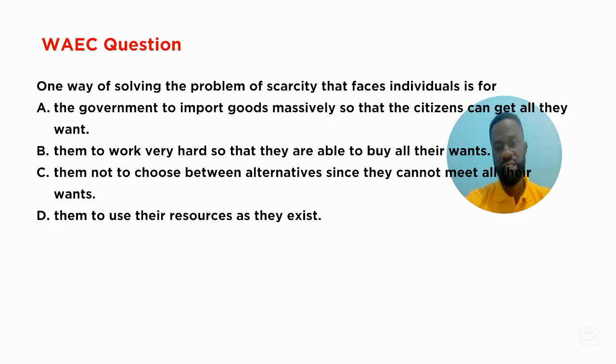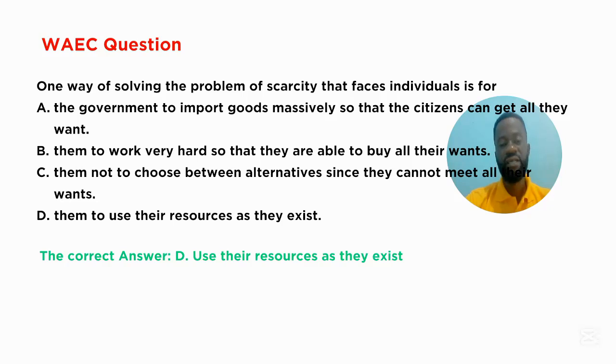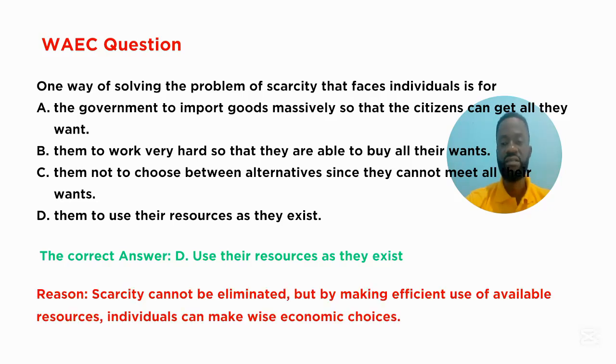C. For them not to choose between alternatives since they cannot meet all their wants. And D. For them to use their resources as they exist. The correct answer is D, for them to use all their resources as they exist. Because scarcity cannot be eliminated, but by making efficient use of available resources, individuals can make wise economic choices.